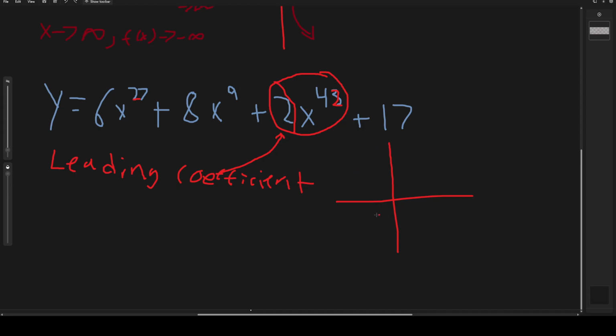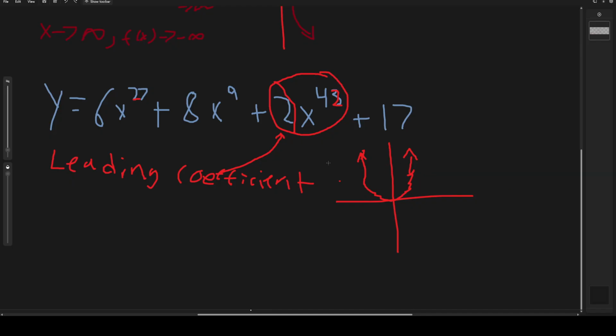It's going to look something like that. Obviously there's going to be some stuff going on here that we kind of disregard because we're just looking at the end behavior. So it's not going to exactly look like this.